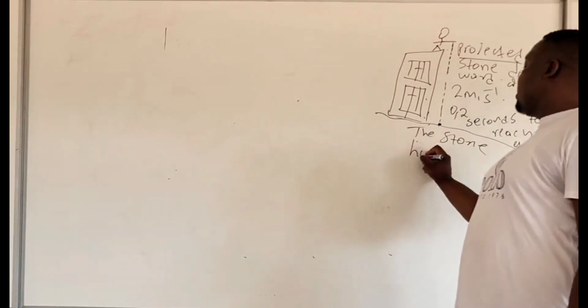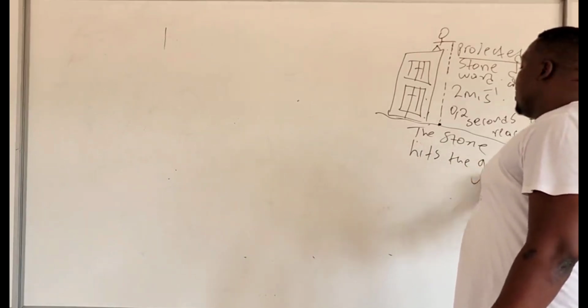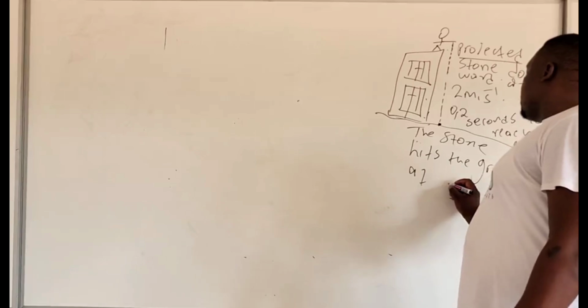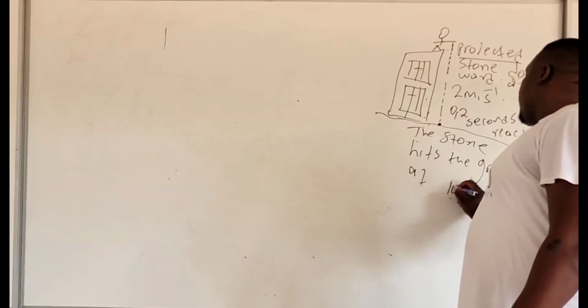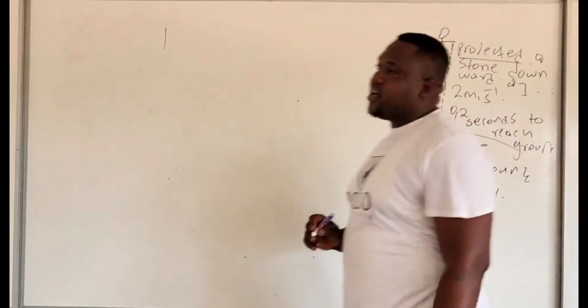The stone hits the ground at 10 meters per second. Draw a velocity versus time graph for that.